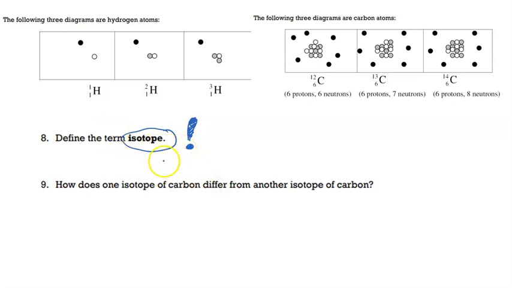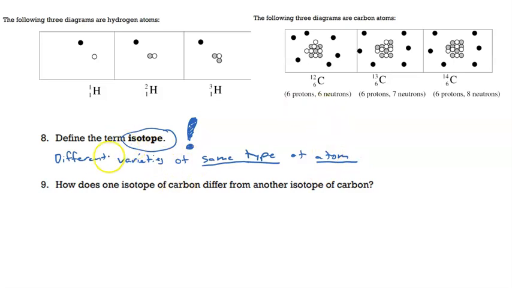Isotopes are, one way we could think of it, different varieties of the same type of atom. And remember, atoms do not have a charge.